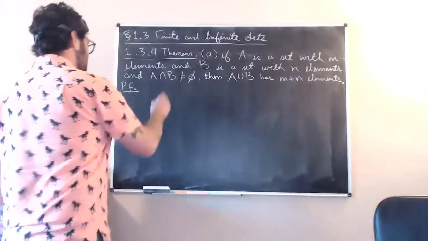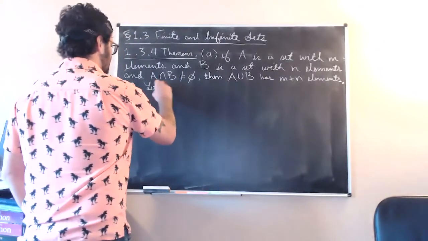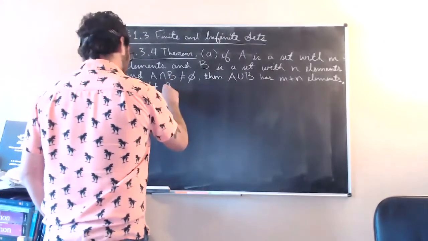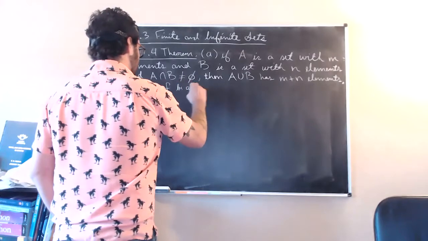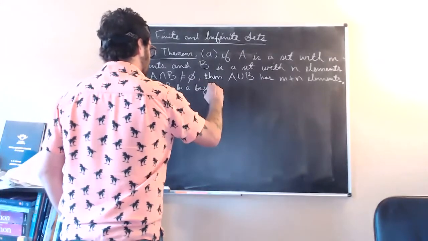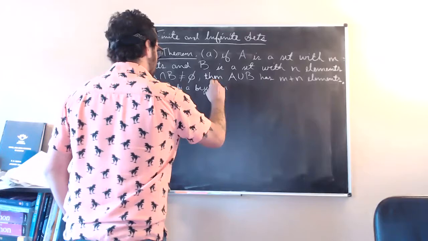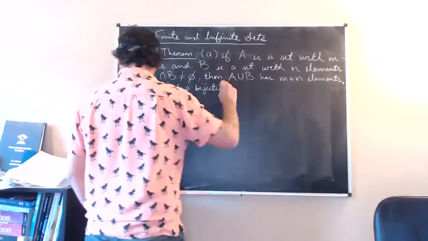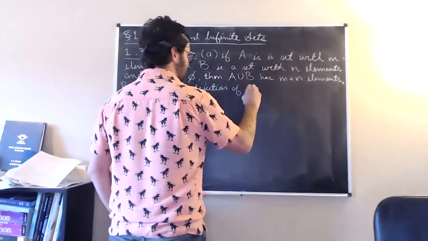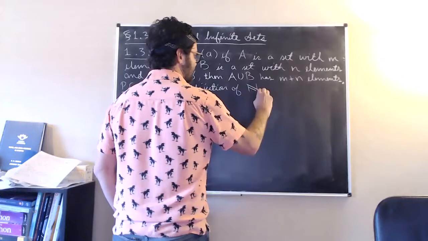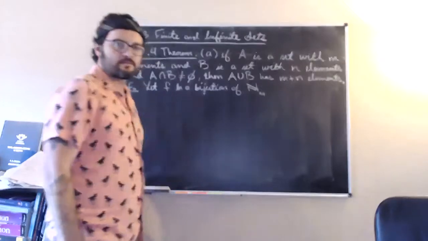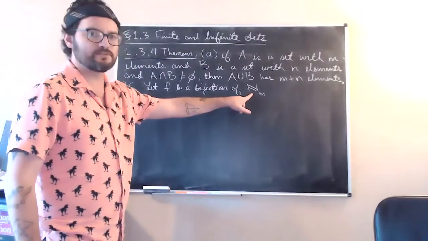Okay. So let's say F is a bijection of this set. So recall this is the set of 1, 2, all the way up to M.